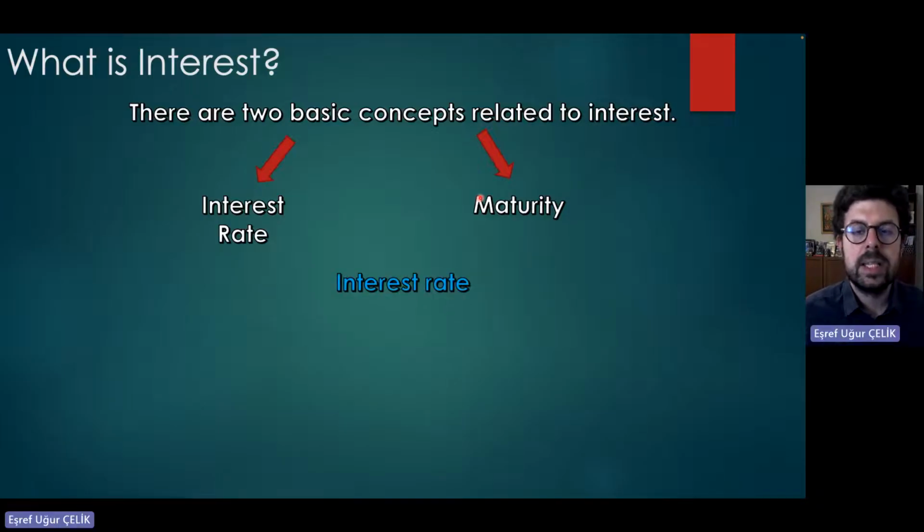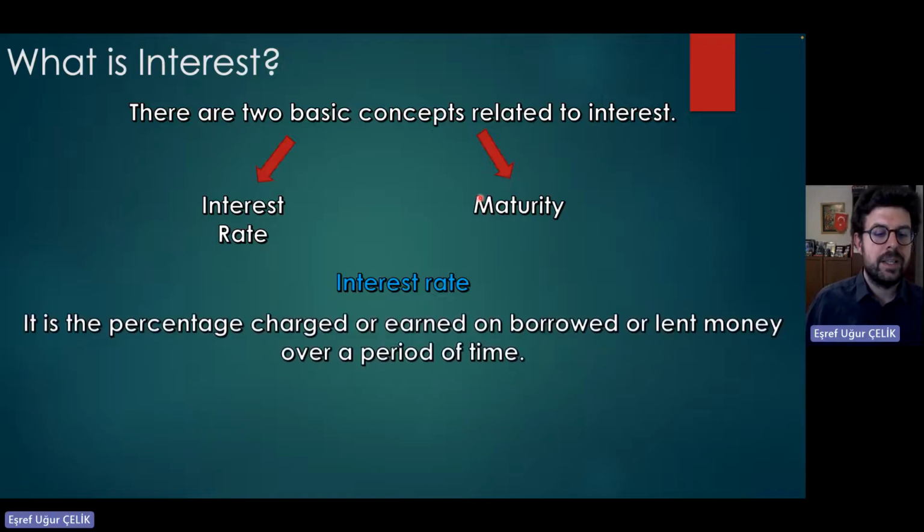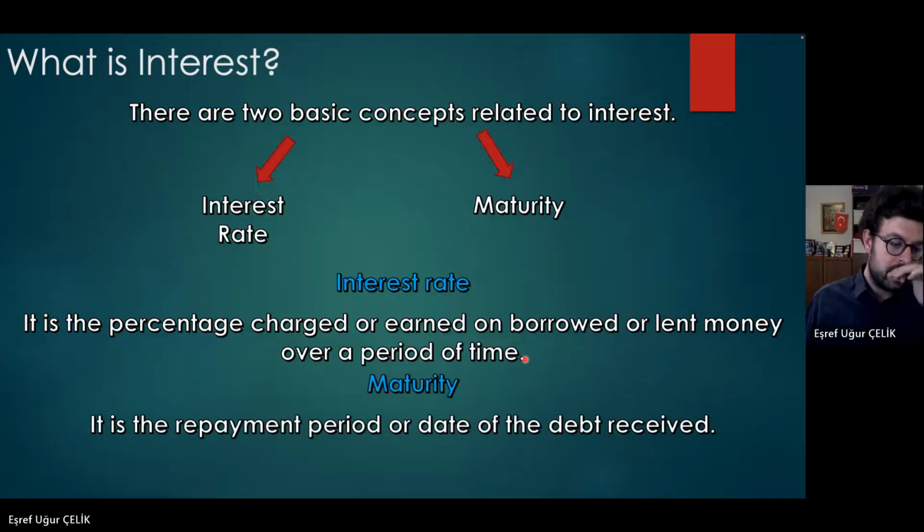Okay, let's look at the definition of interest rate. You see over there, that is the interest rate. Rate means percentage. The interest rate is the percentage charged or earned on borrowed or lent money over a period of time. Okay. And maturity, in Turkish vade, is the repayment period or date of the debt received.